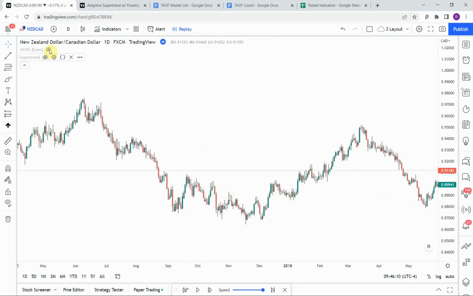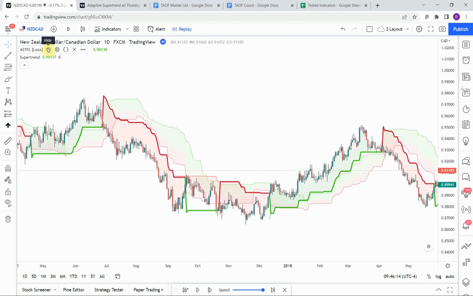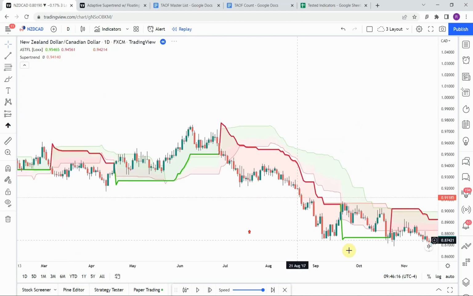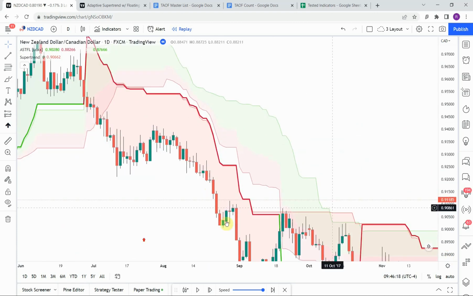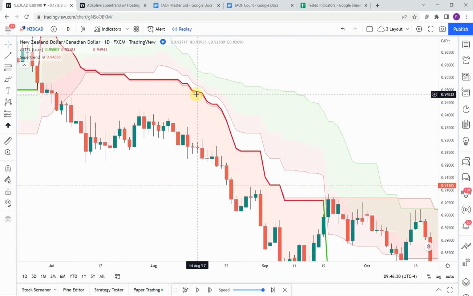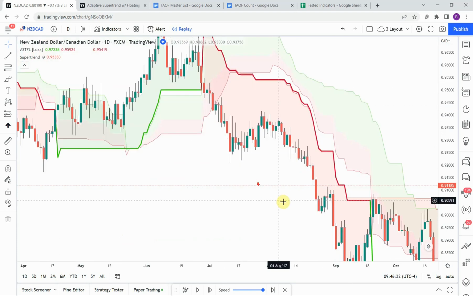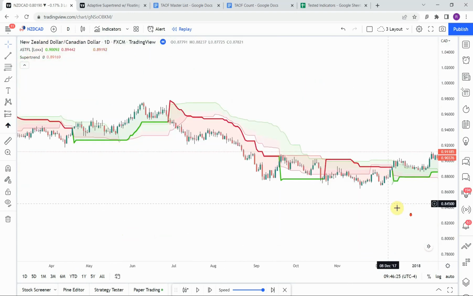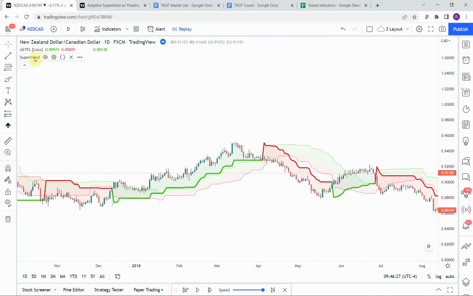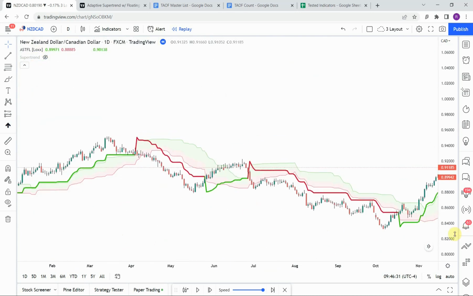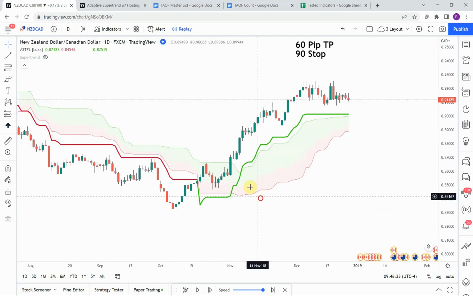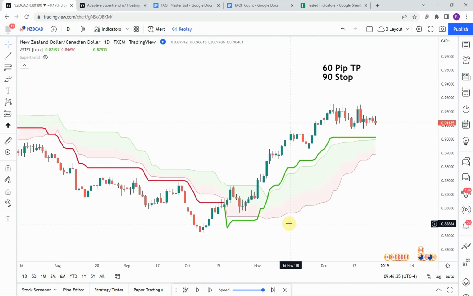Like I said, every now and then you'll see where it just slightly varies, like right here. But all in all, it is just your standard super trend. The difference, though, is going to be the floating levels part, which I thought was rather interesting.